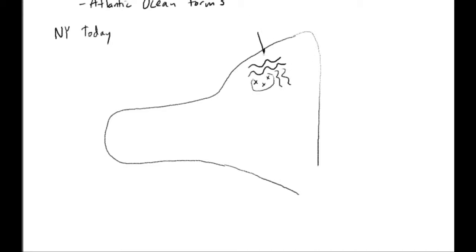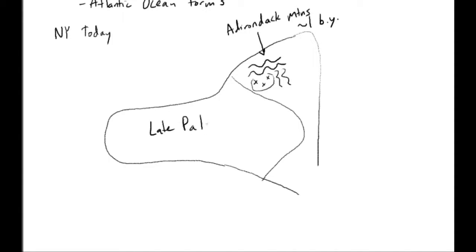This is the Adirondack mountains. These are part of that 1 billion-year-old province. Overlying that is the late Paleozoic platform that we talked about.